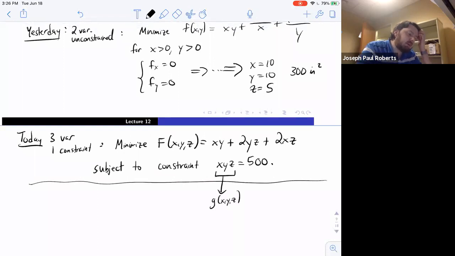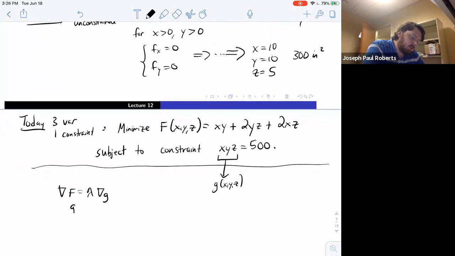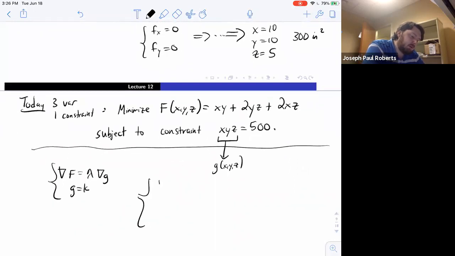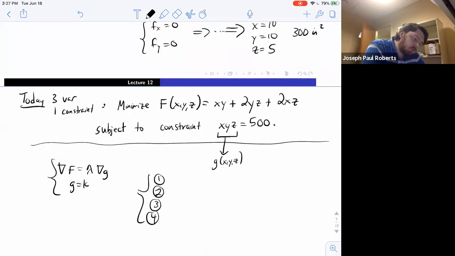And so this is a Lagrange situation. So we'll do grad f is lambda grad g, and g equals k. So we get the four equations. Well, so the x partial of f is y plus 2z.